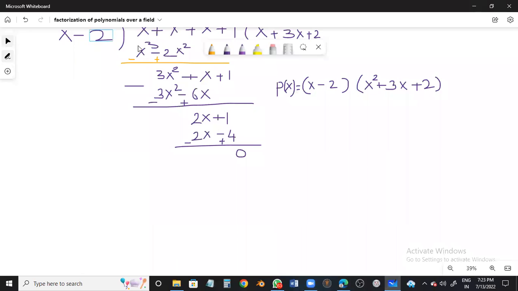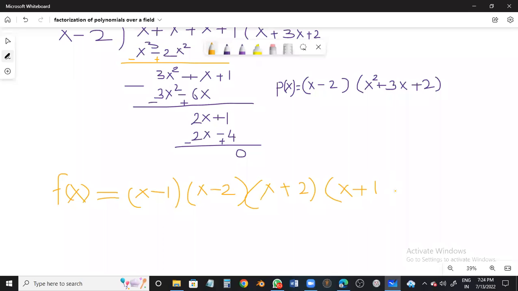So ultimately what we are reaching, our original f of x was given to us. There we actually divided by x minus 1 in the initial stage. Later I divided by x minus 2, and I'm just getting x square plus 3x plus 2, which we can actually factorize as x plus 2 into x plus 1. Can I?